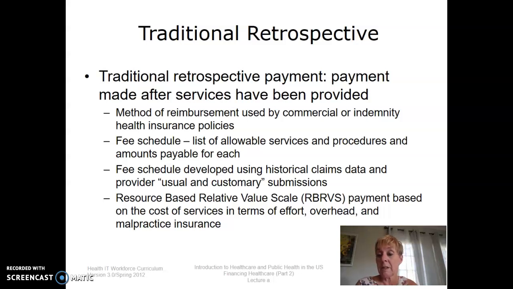So the RBRVS in Iowa could be a lot lower than it is in California. The effort might be the same by the doctor, but the cost of overhead of running that clinic or facility might be higher in California, and malpractice costs might be higher in California. So RBRVS determines what kind of payment that provider's going to get based on those factors. So it's not equal across the country, and that scale is adjusted.